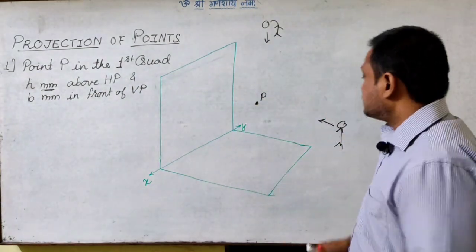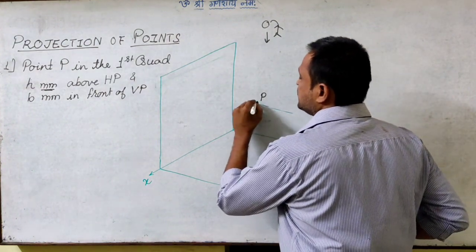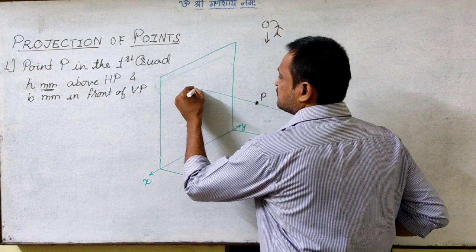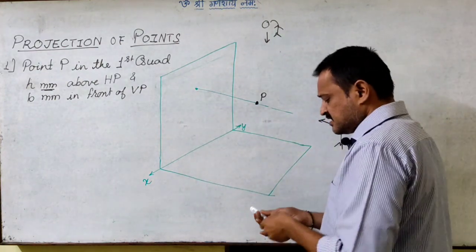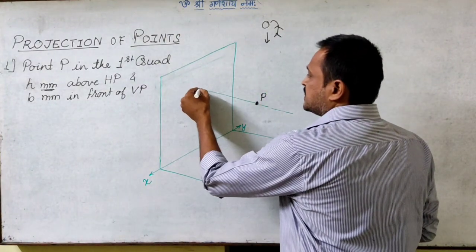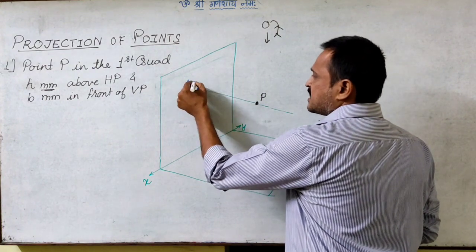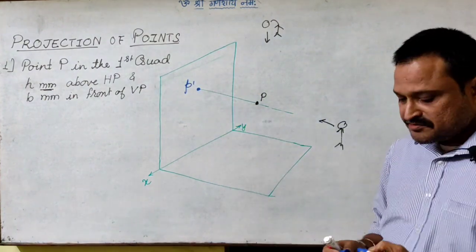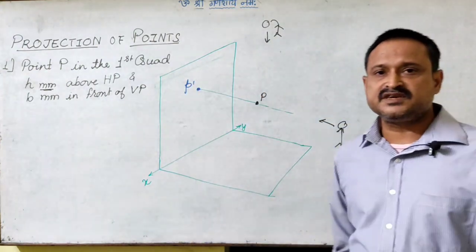So when this sight ray or the projector passes through point P, wherever it strikes the vertical plane, there I'll get the front view image of the point P as P dash. So this is how we denote the front view, with a smaller case letter with the superfix dash.